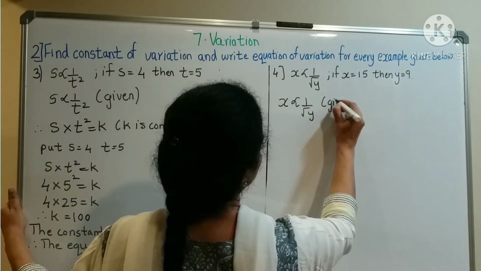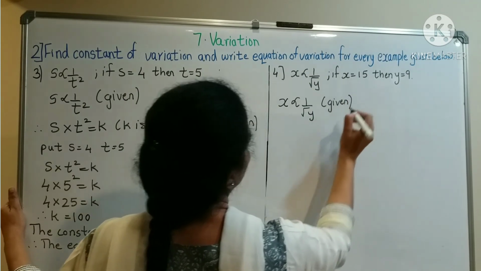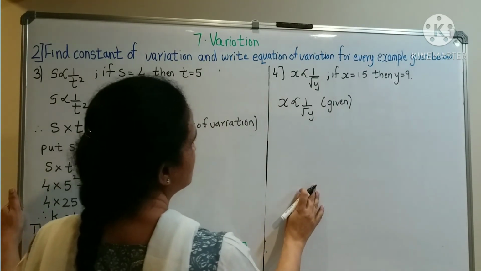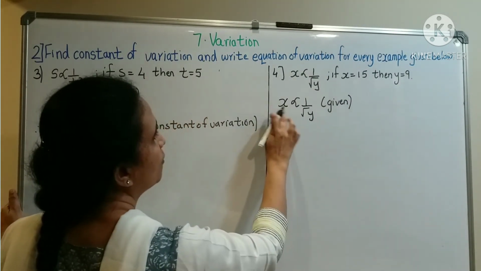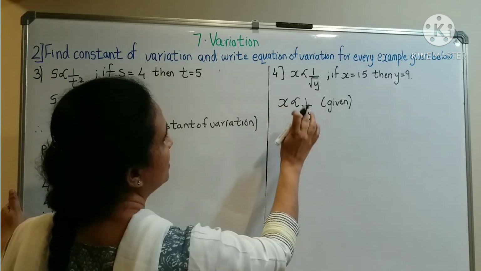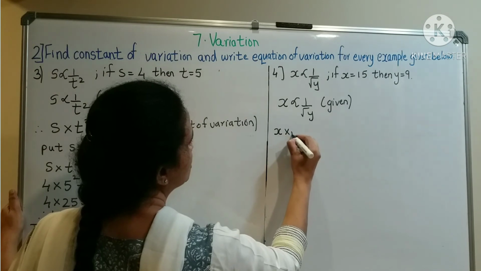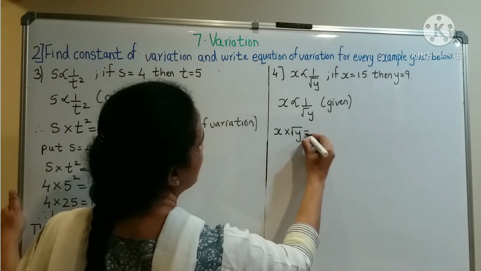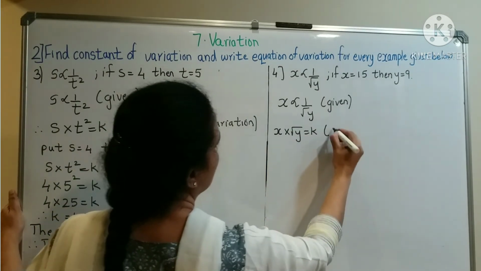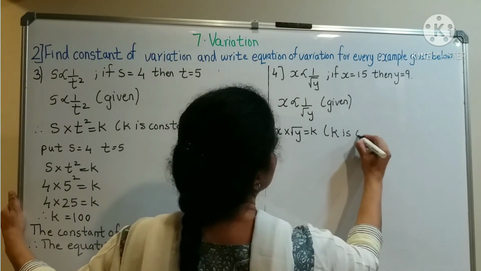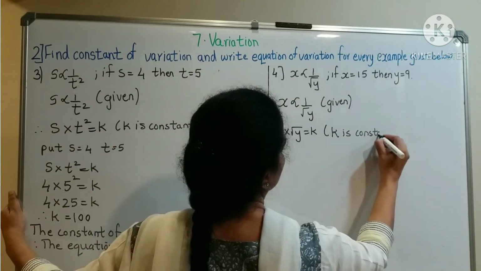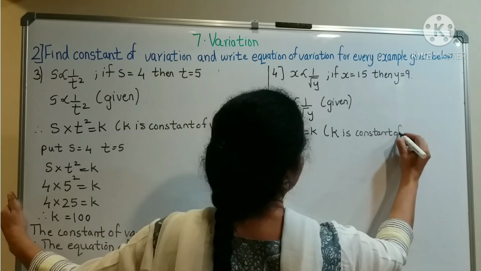This is given to us. You know that in case of inverse variation, the product of two quantities will give you the constant. Product means multiplication of the two quantities will give you the constant K. K is the constant of variation.